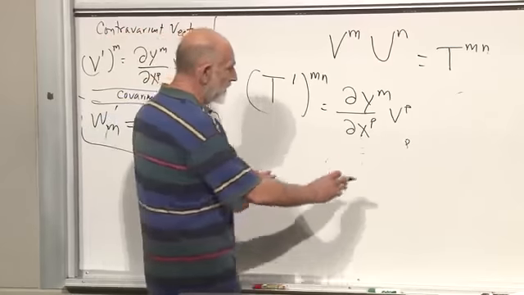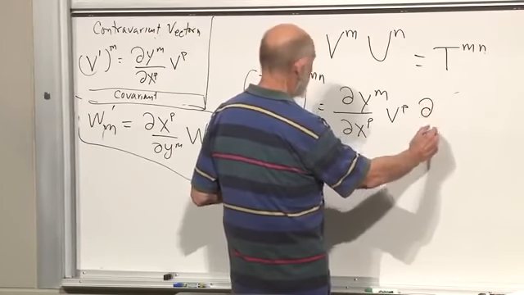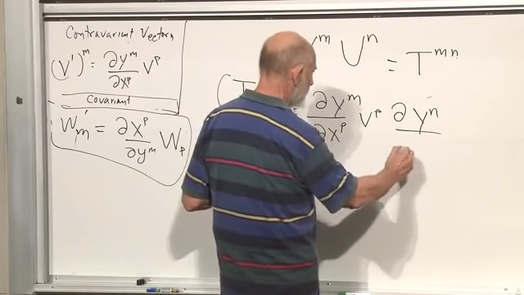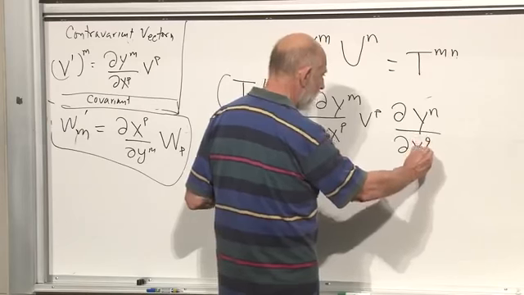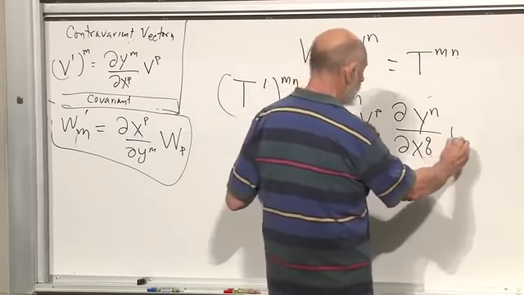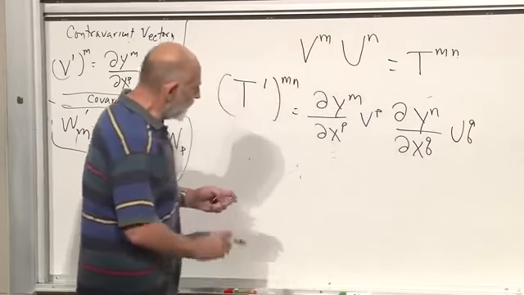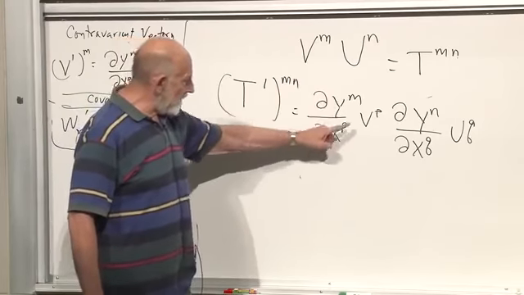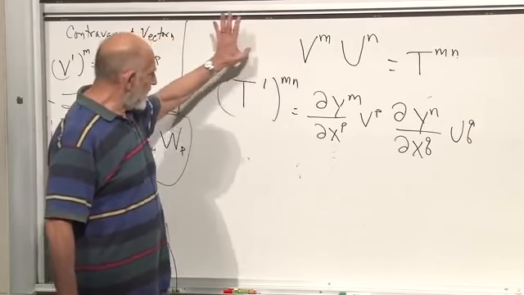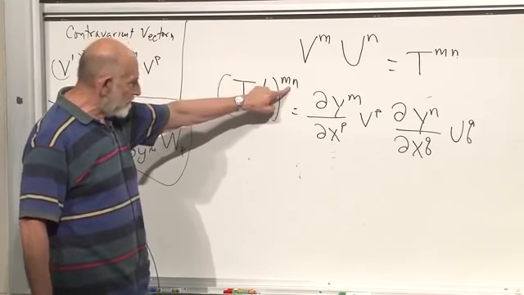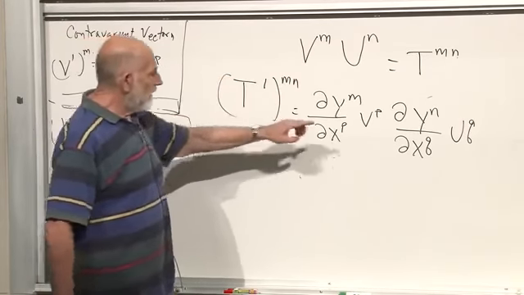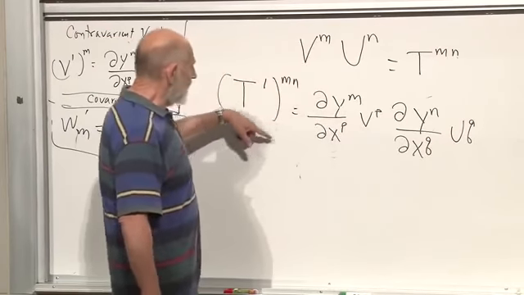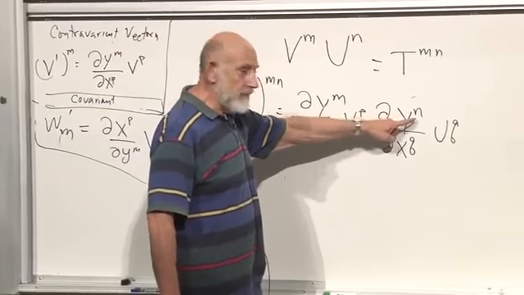Same kind of formula: partial of y^N with respect to, let's call it x^Q, times U^Q. Just look at the two pieces separately. The dy^M by dx^P times V^P, that's V prime^M. The dy^N by dx^Q times U^Q, that is U prime^N.